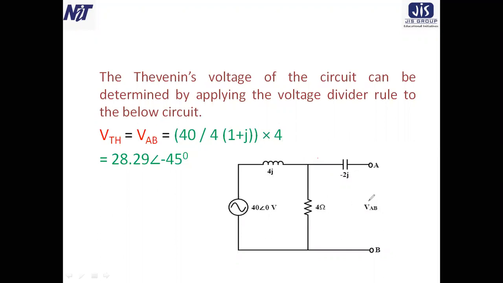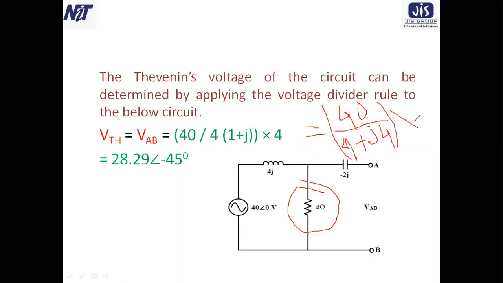because we are going to find the voltage across VAB, and the parallel resistance across the open terminal is 4. So here the voltage across the parallel resistance is 40 divided by 4 plus j4, into 4.